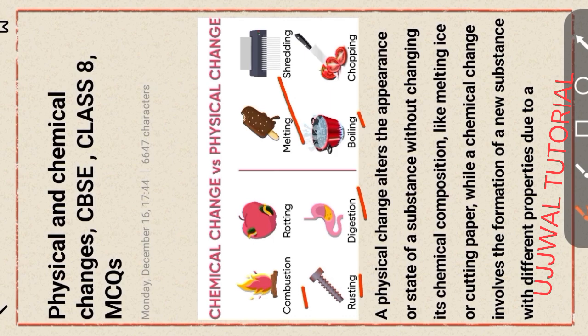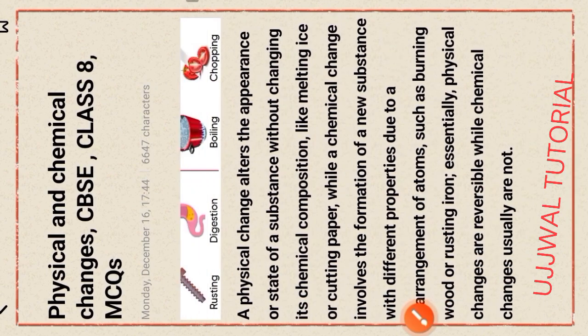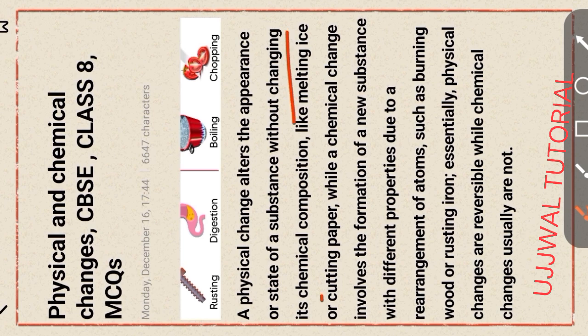Now, for the concept of physical and chemical change: a physical change alters the appearance or state of a substance without changing its chemical composition, like melting ice or cutting paper.